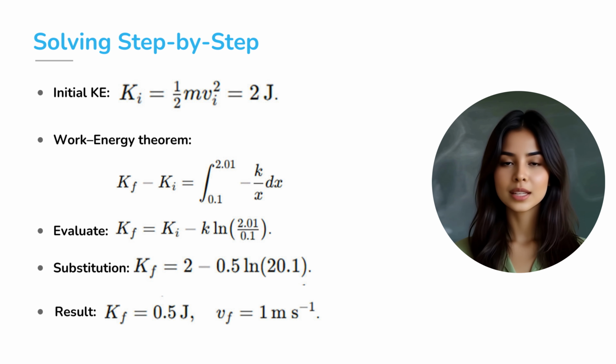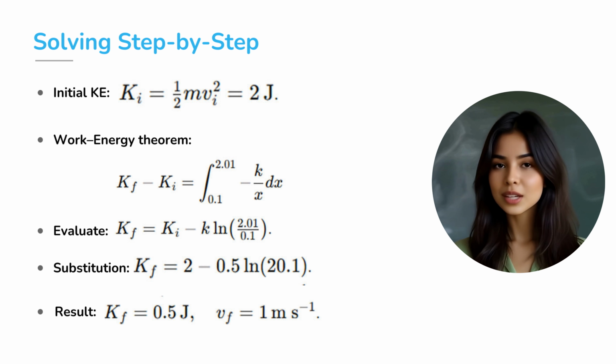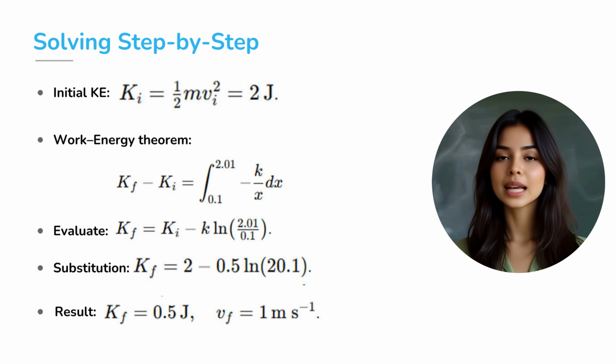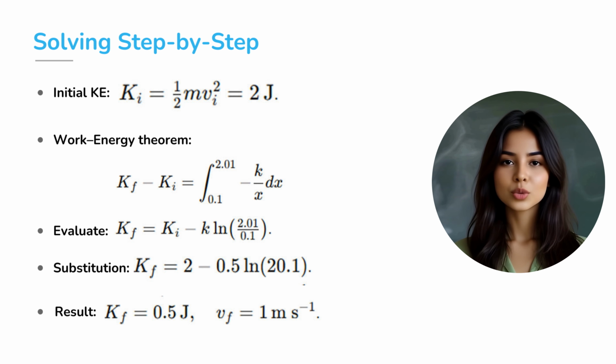This gives us Kf minus Ki equals the integral from 0.1 to 2.01 of minus k over x dx. After solving that, we get the final kinetic energy to be 0.5 joules and the final speed of the box is 1 meter per second. This shows how the retarding force reduces the box's kinetic energy, and we just calculated it without needing to track the box's speed at every moment.